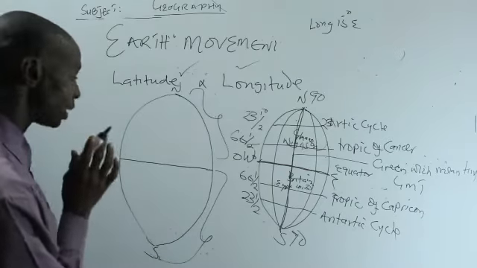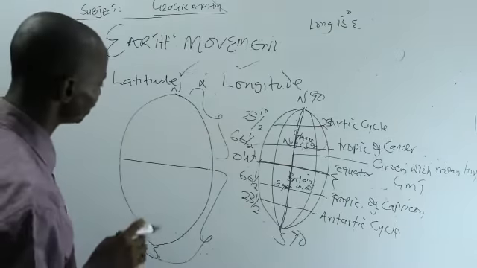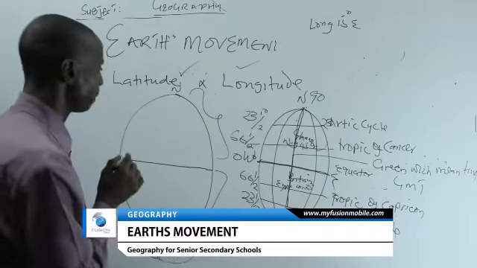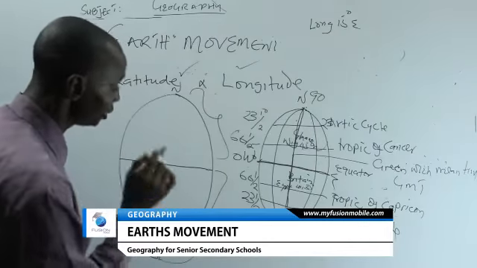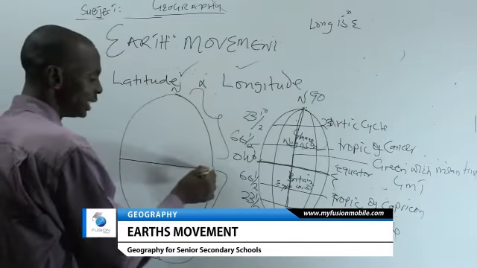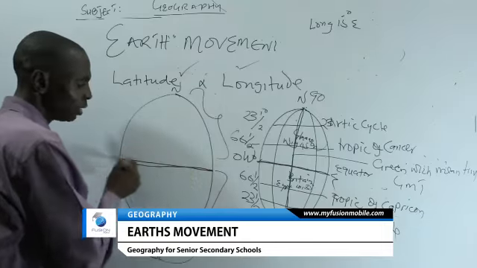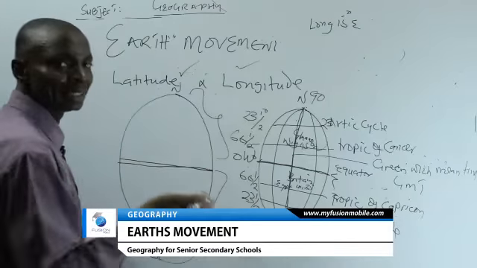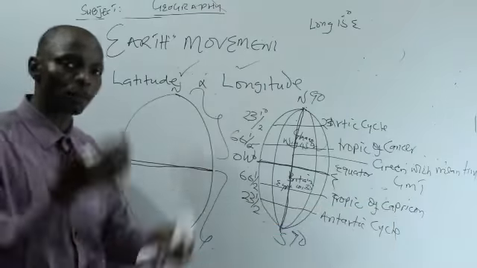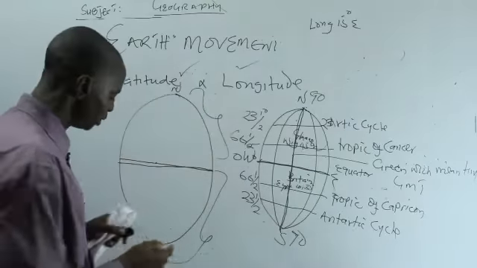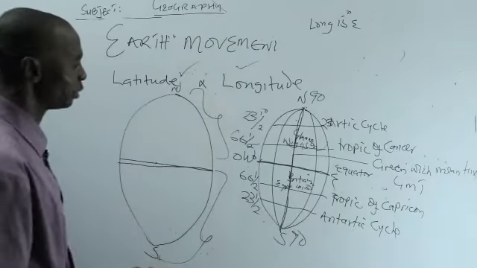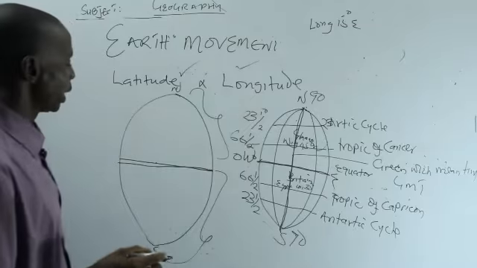Now I want to solve one little arithmetic. But before I do that, let me give us the formula. In using latitude to calculate distance, there are things you must know. Look at here, this is the equator. The equator, as I said, divides the earth into two equal parts. From the equator to the north is the northern hemisphere, down to the south is the southern hemisphere. Now what do we do here?